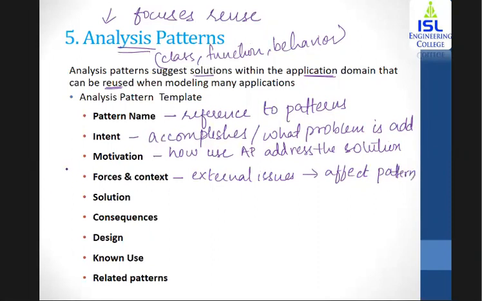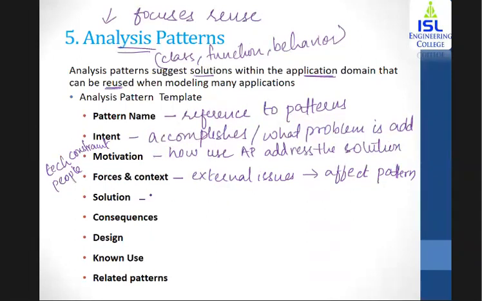Examples of external issues can be any technical constraint or any people related matter that people have imposed: this is the constraint for the software, this technology needs to be used, this is the cost, this is the people that I want within the software to work. So these are the external issues and how that is going to affect the pattern.